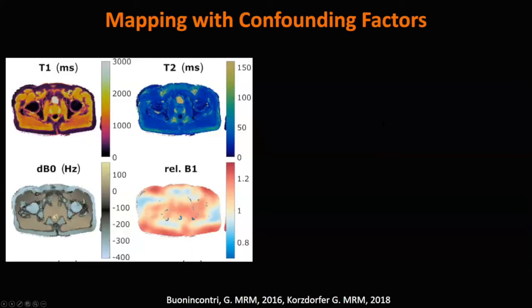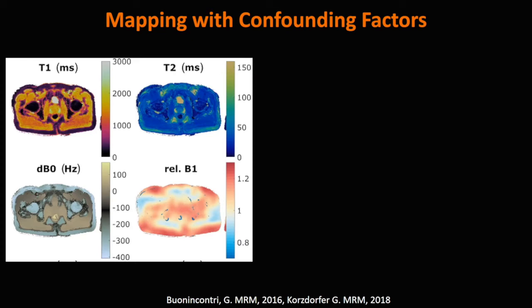As also mentioned, in the dictionary simulation, we try to simulate signals under certain acquisition parameter settings, tissue parameters, and also system conditions. That includes B0 and B1 inhomogeneities.